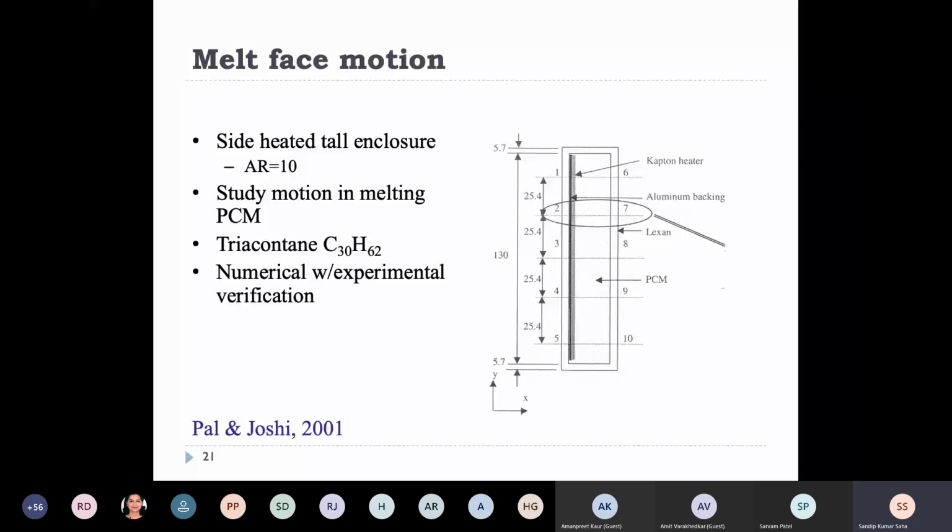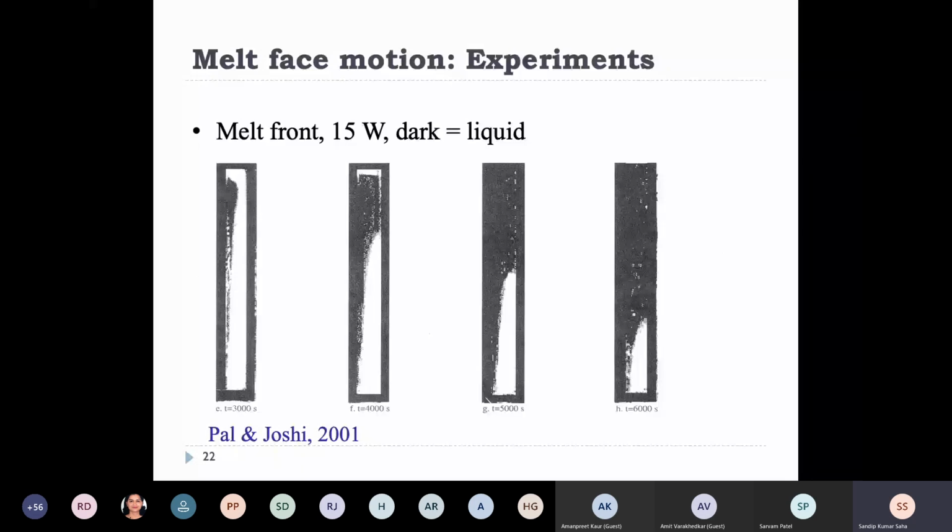This is a side-heated tall enclosure with aspect ratio 10, and PCM is inside. They used tri-octa-10, and they used a numerical model as well as an experimental model. They observed the melt front movement. The dark region is liquid, and the bright region is solid.